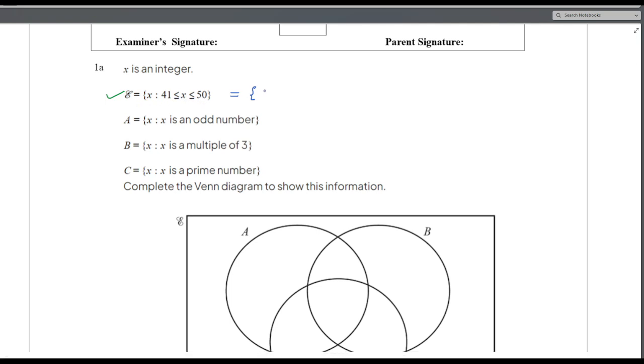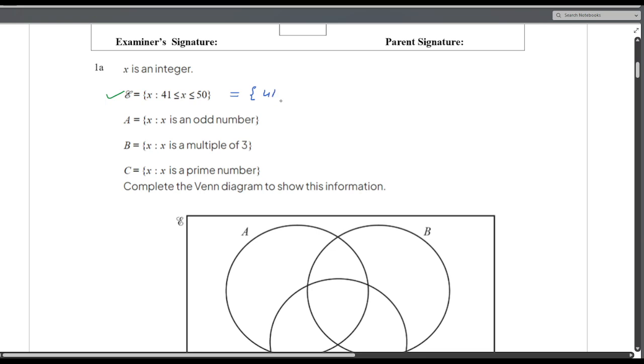So here your universal set will be 41, 42, 43, 44, 45, 46, 47, 48, 49, 50. This is not a compulsory exercise, but if you write it, it is better for you to identify the elements and solve the problems accordingly.